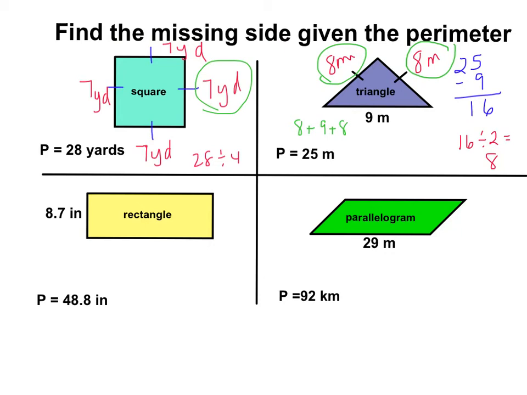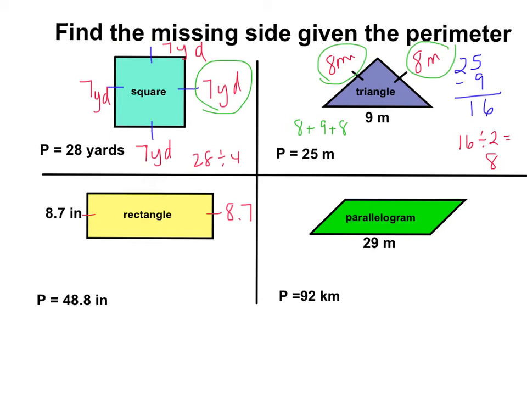Let's go ahead and look at the rectangle. Again, you should know that this side and this side is congruent. I'll put my tick mark, which means this has to be 8.7. If you notice, right now, I have absolutely no idea what this side is or this side.